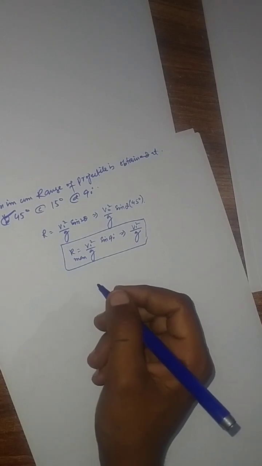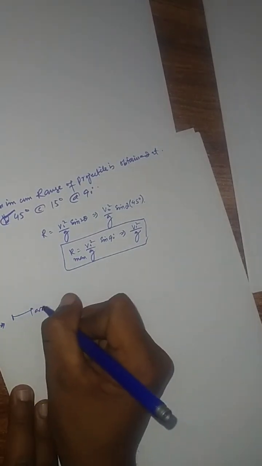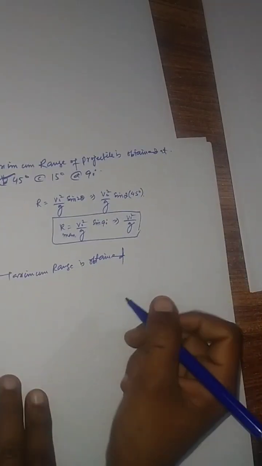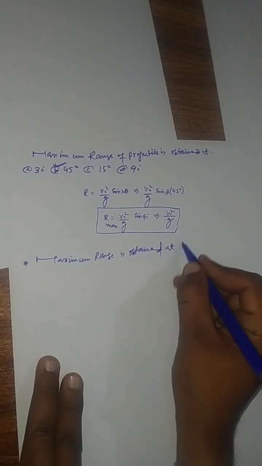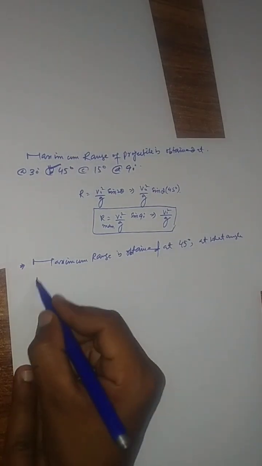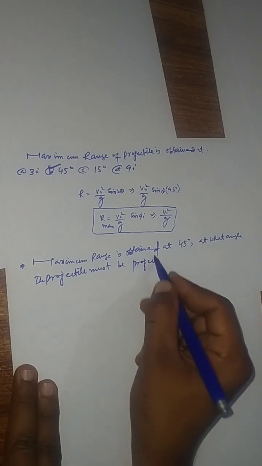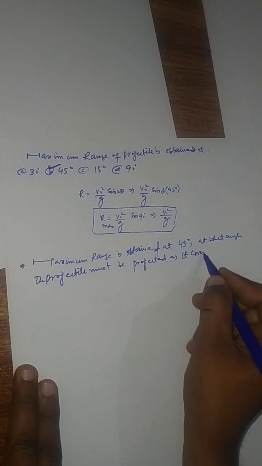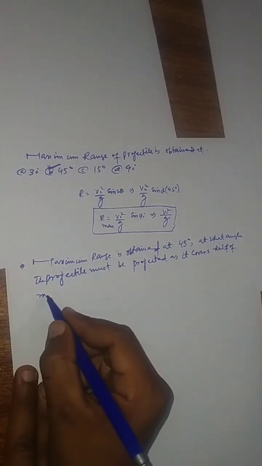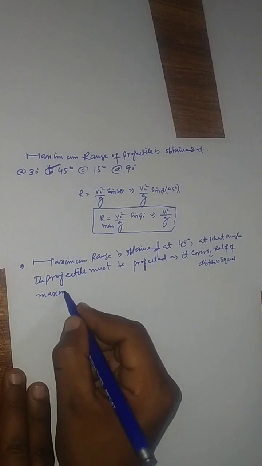At what angle must the projectile be projected so that it covers a distance equal to half of the maximum range?